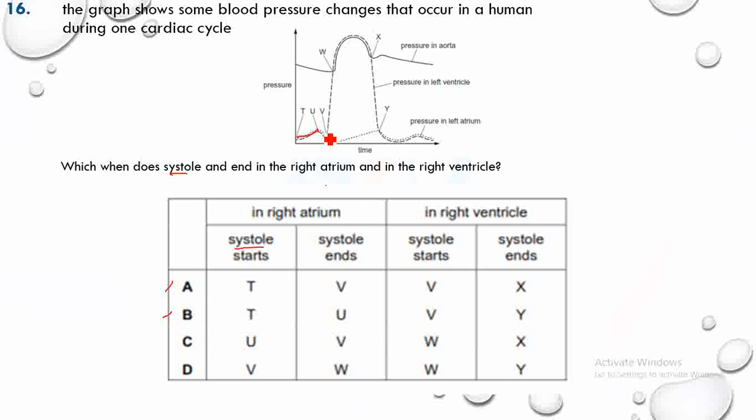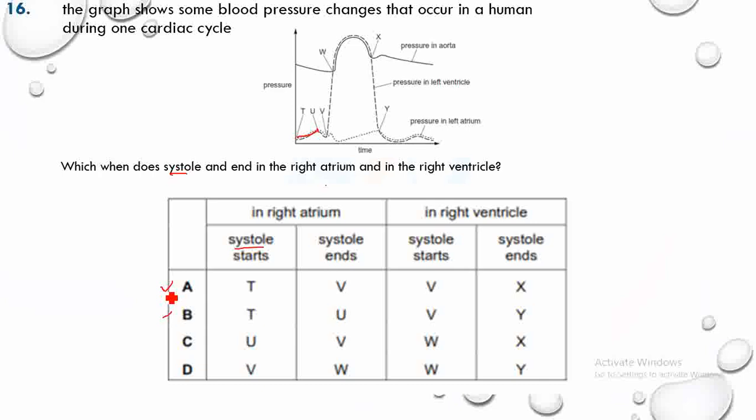As long as the pressure in the left atrium is greater than that in the left ventricle, it's still systole. So it's from T to V. Okay, we will finally settle with this.